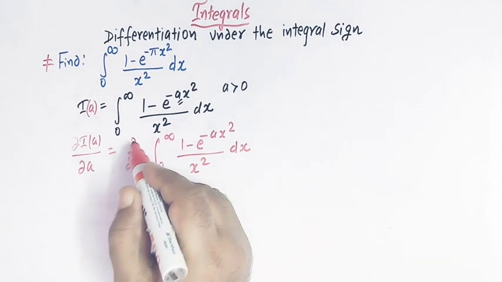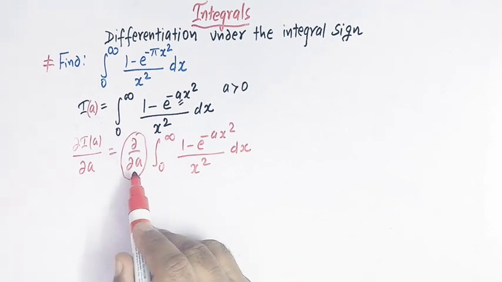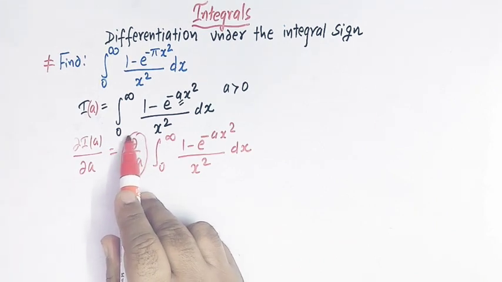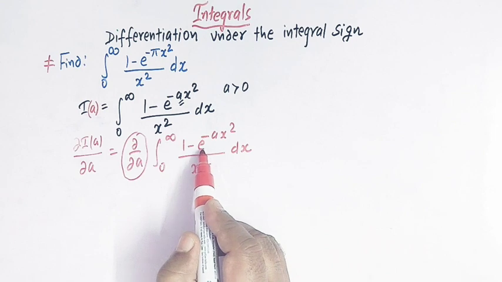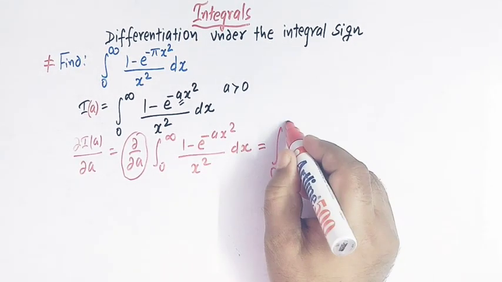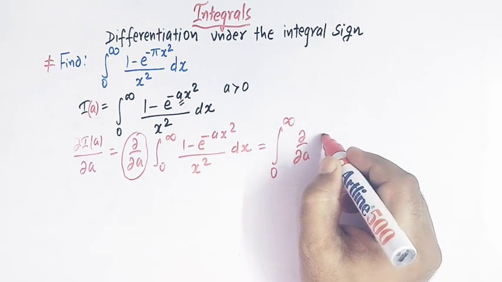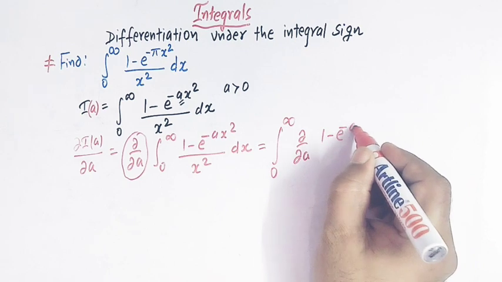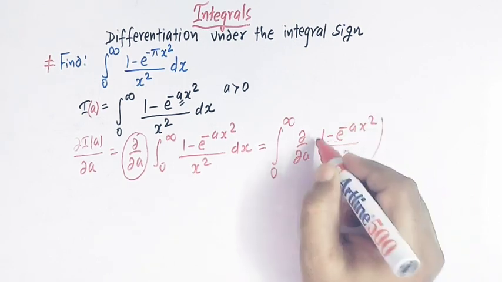Now since this is an operator, we can take this derivative operator inside the integral sign. So we can now write the integral from 0 to infinity of del by del a of 1 minus e raised to minus ax square, divided by x square.